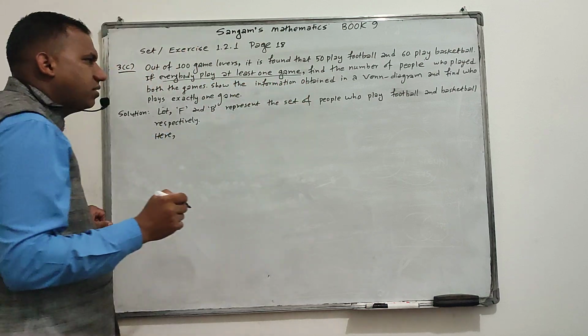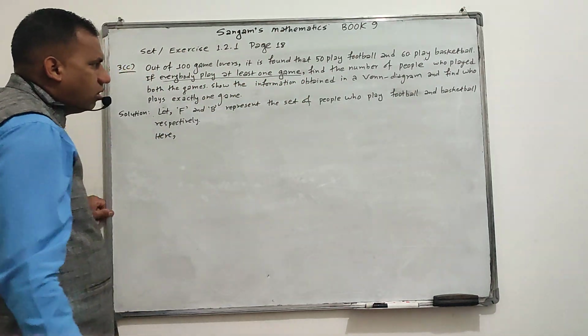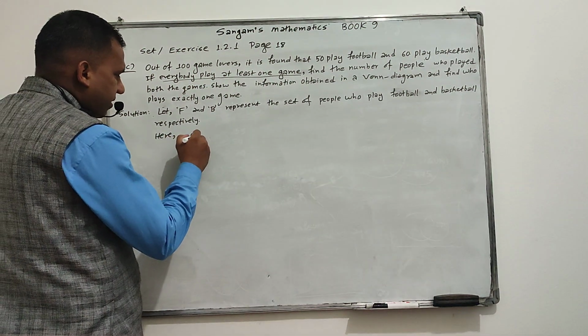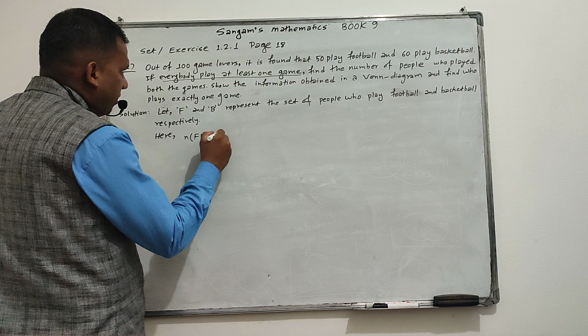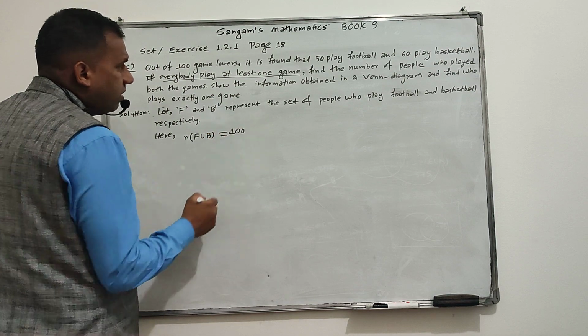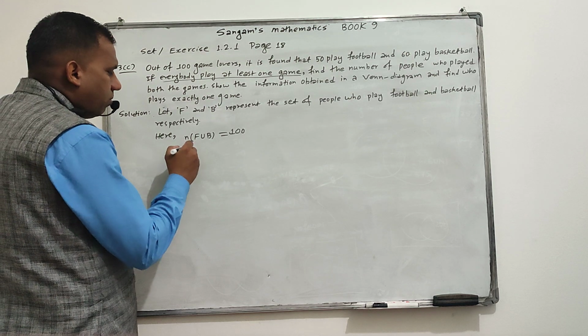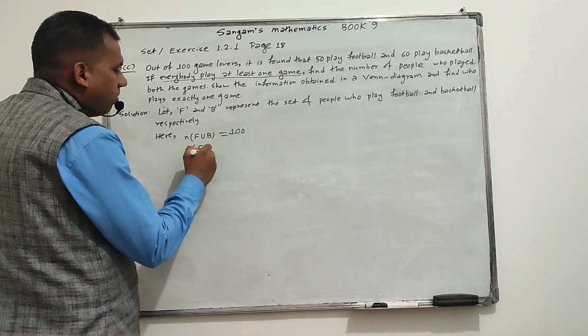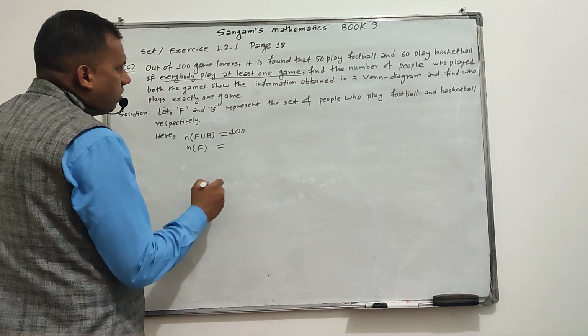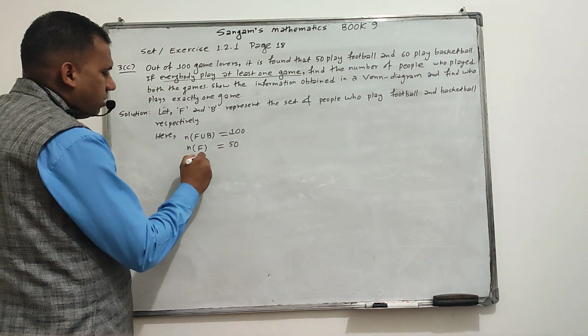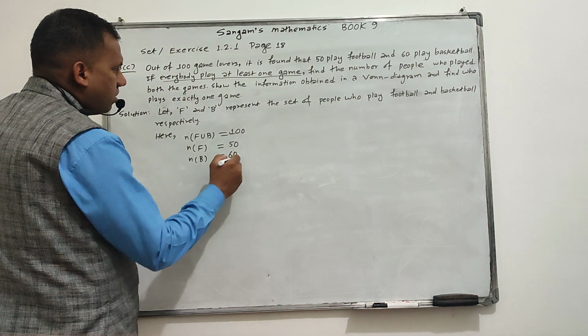It means there is no complement part, so no need of U. So number of F union B is 100. Number of F equals 50, and 60 play basketball, so number of B is 60.